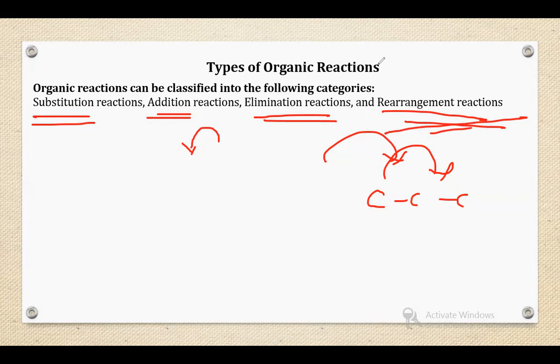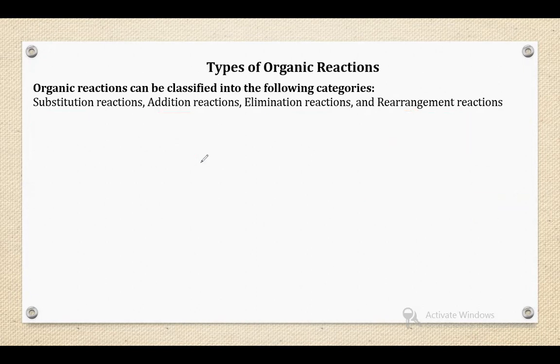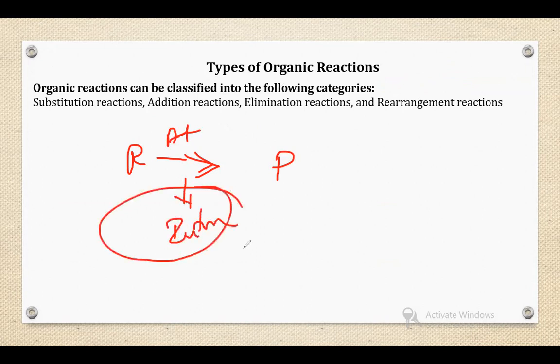We also studied organic reaction mechanisms. The reactant forms an intermediate in the presence of an attacking reagent. I'll write it neatly: the reactant gives the product in the presence of an attacking reagent, undergoing an intermediate or transition state.